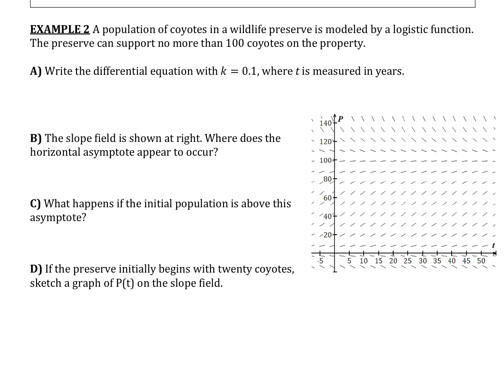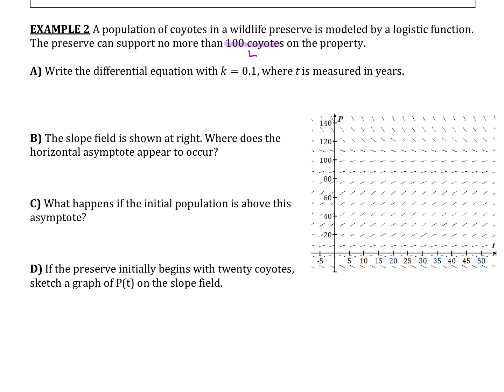Okay, we're going to start with a differential equation. It says a population of coyotes is modeled by a logistic function. The preserve can support no more than 100 coyotes on the property. This 100 happens to be our carrying capacity, so we need this information for the L value. So this right here will be our L value.